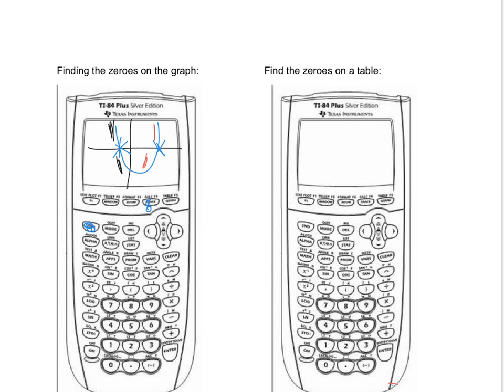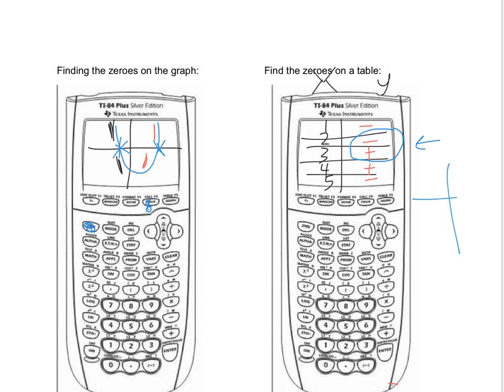On a table, you're going to have an L1, L2 table, and you're looking for a sign change. Let's pretend these are our numbers for the x's, and these numbers are the y's, or the L2's. If you're going from a negative y to a positive y, that means you're crossing the x-axis.